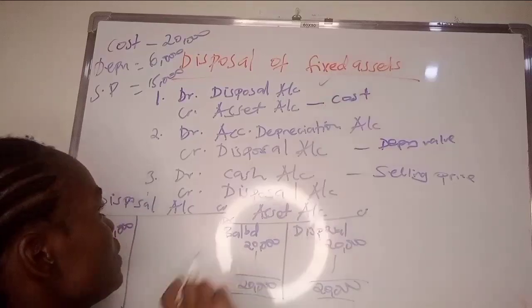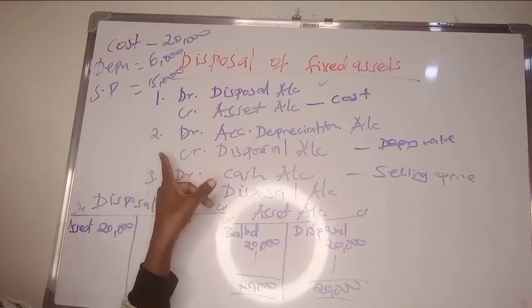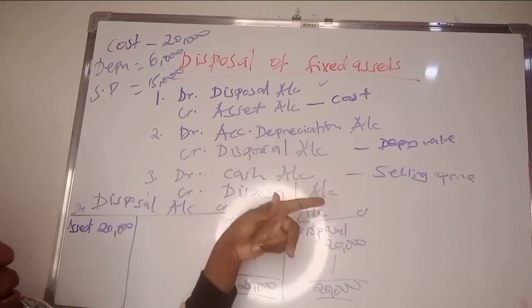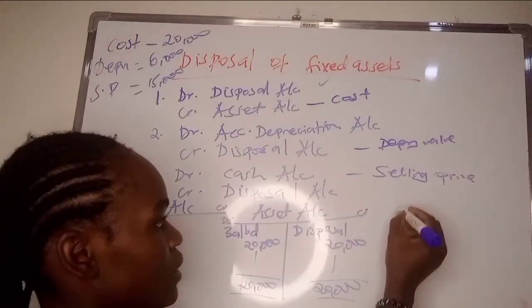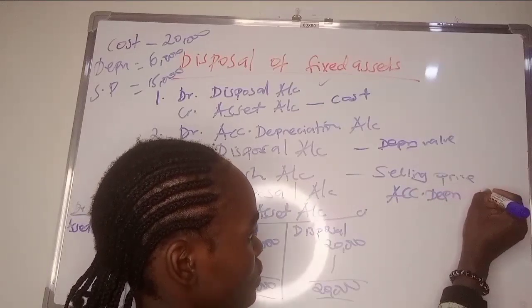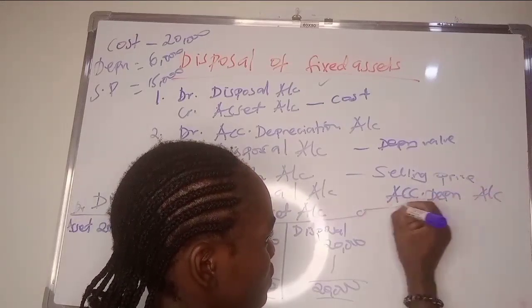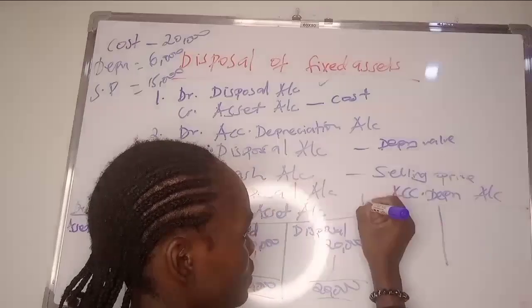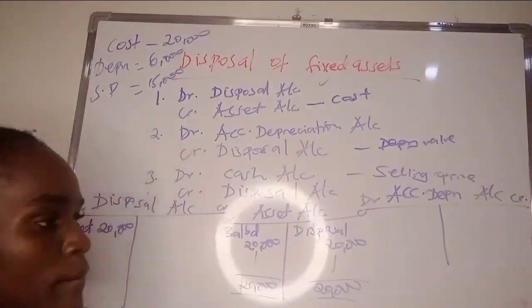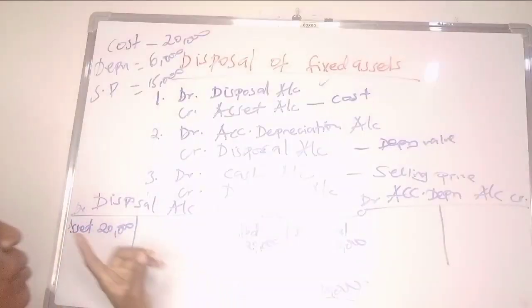Then secondly, we debit the accumulated depreciation account and credit disposal. So we prepare the accumulated depreciation account, debit and credit.